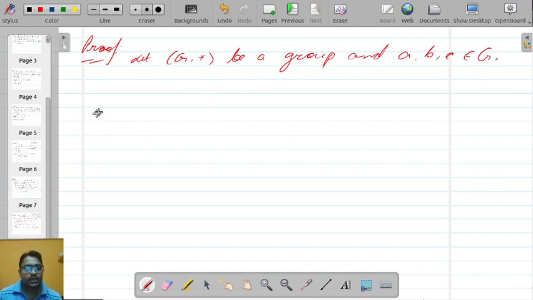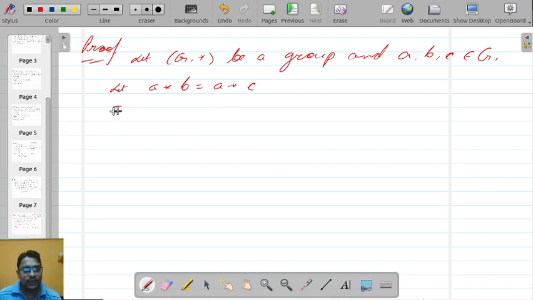Now let A star B equal to A star C. Suppose this is true.